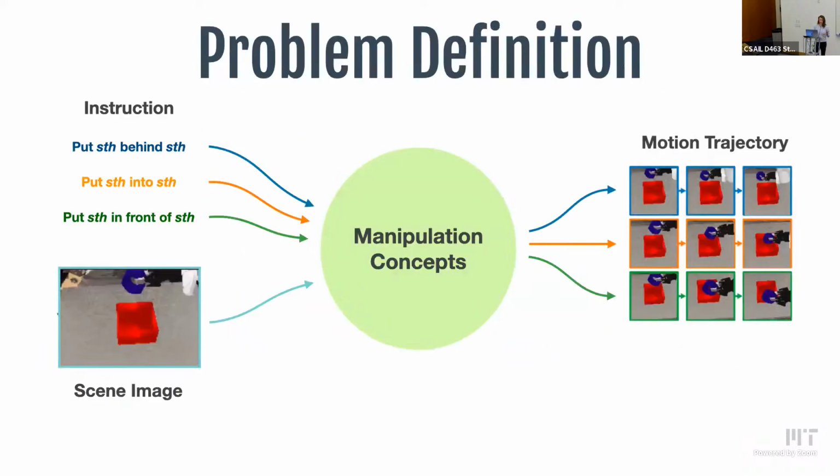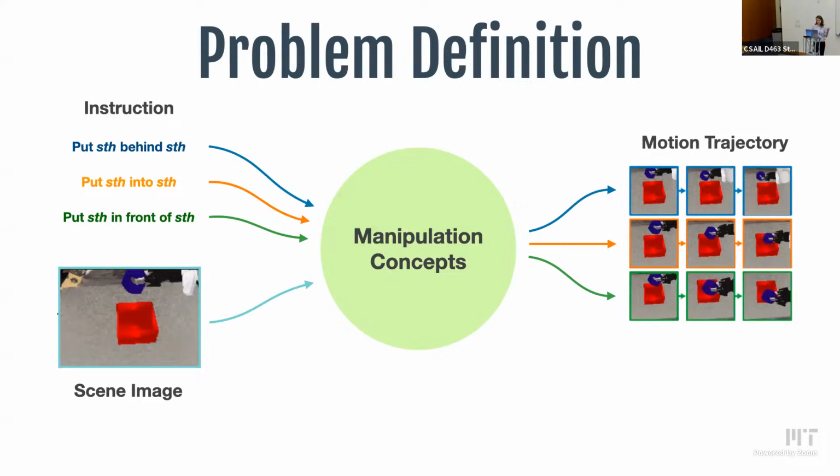Okay, so this particular part of the talk is going to be one of the high-level works I want to talk about, to paint for you the whole picture of how we designed this entire TAMP system. For this work, we wanted to endow our robot with the ability to acquire what we call manipulation concepts, but you could also think of it as a multitask policy. That's just another word for it.